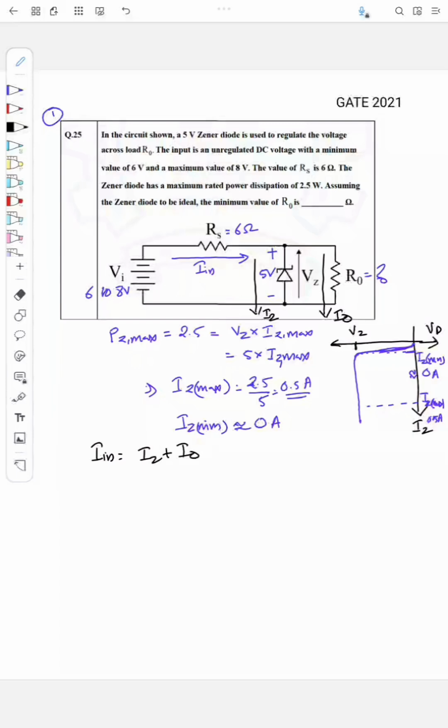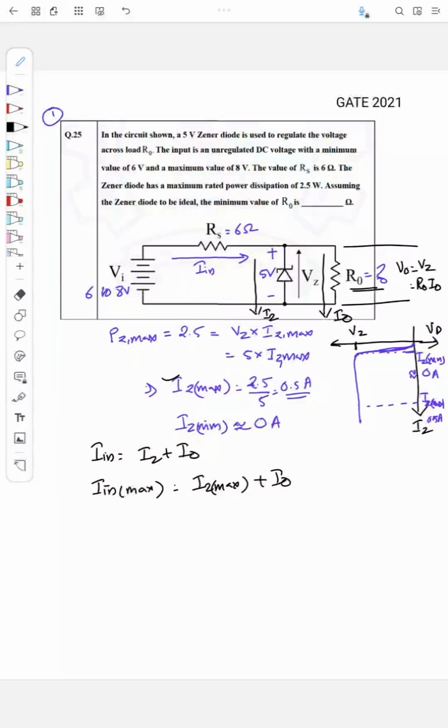And what is the maximum current I in? That is equal to Iz max plus I0. Why I0? Because R0 is actually a fixed resistance that we need to design and set, and the output voltage V0 across the Zener is the same across R0, which means since R0 is set, I0 should also be fixed.